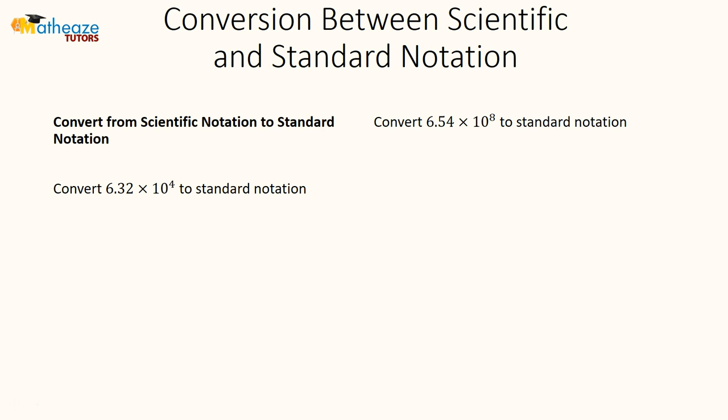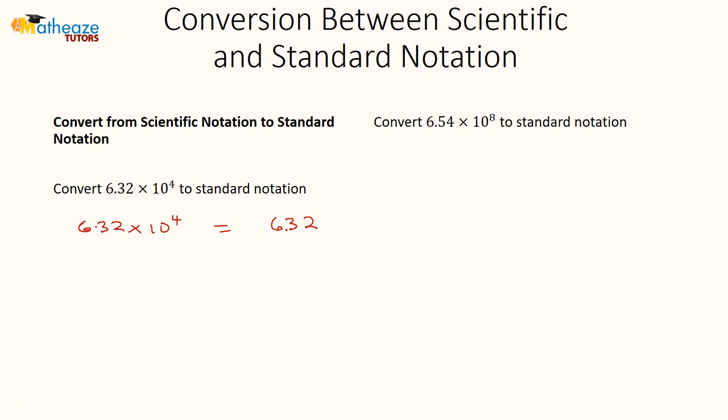Now let's go from scientific notation to standard notation. Now what's going to happen here is we have 6.32 times 10 to the power of 4. So what I'm going to first do is write the number without any decimal. The decimal is right here.